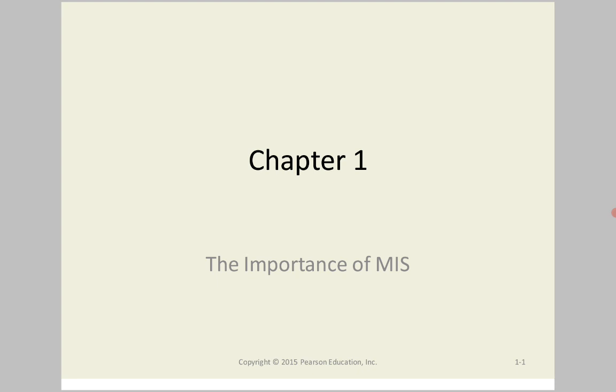So generally, MIS, or management information system, uses distributed data processing. Why?